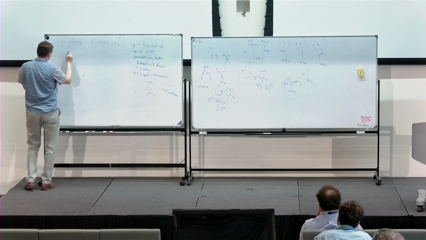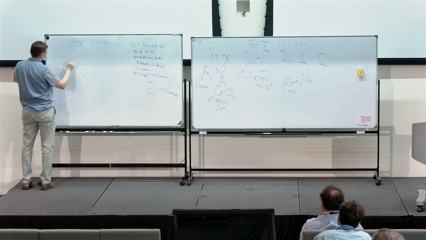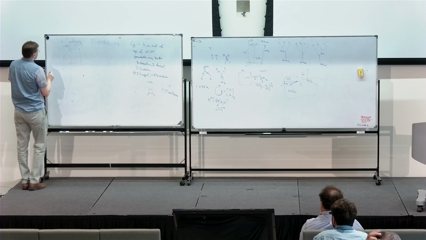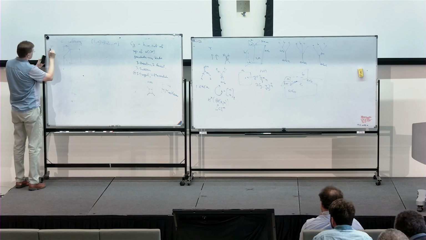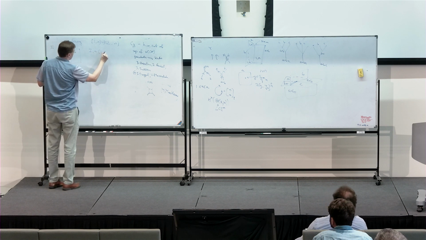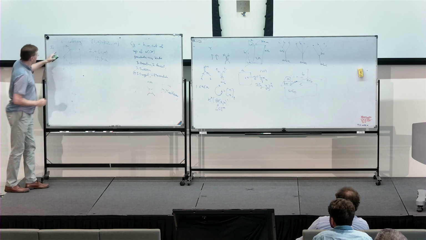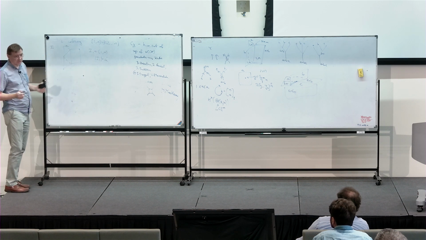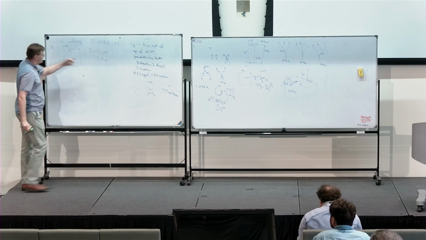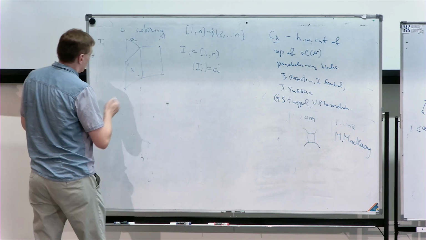A coloring C is an assignment to every facet. To a facet of thickness A, you assign a subset, let me call it I1, a subset of the set of colors of cardinality A. So now it's not a single color, but several colors given by the cardinality of the facet.